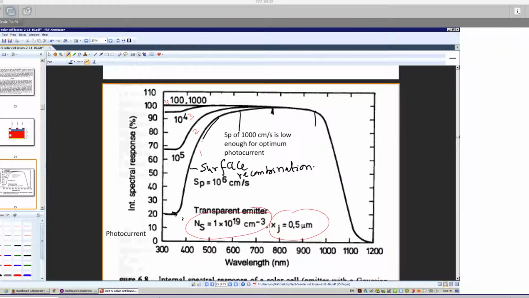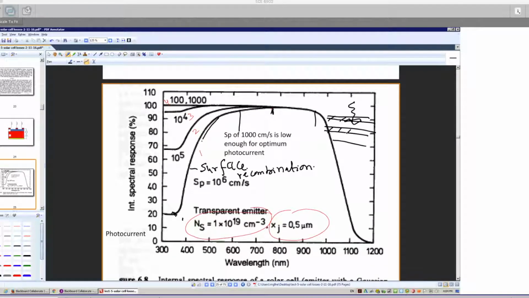When light comes into the solar cell, the blue light is absorbed near the surface, and the longer wavelengths are absorbed at different depths. Those absorbed near the surface see more effect, and that's why the spectral response goes down in the shorter wavelength part of the spectrum. When the surface recombination velocity is high, you see a lot more effect.